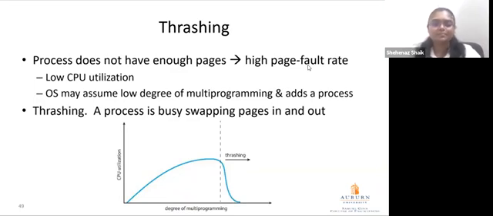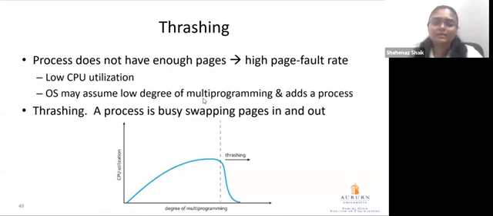So this is a special situation where, considering that the processor is not being utilized to an optimal extent, the operating system may assume that the reason for low CPU utilization is that there are not enough active processes available in main memory.